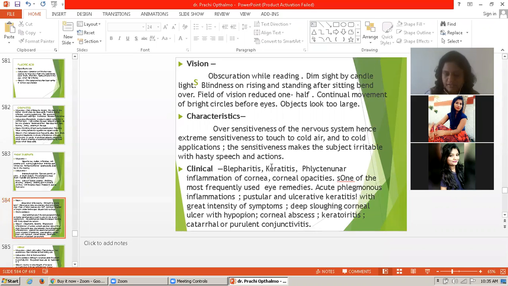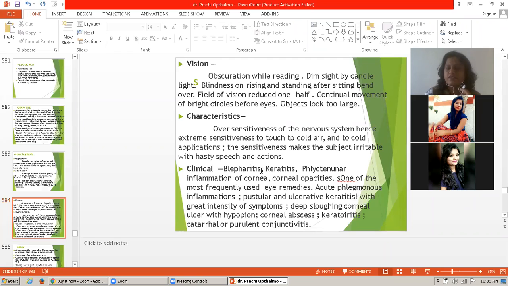We cannot bear cold in any form, and the oversensitiveness leads to irritability, with hasty speech and very hasty action.